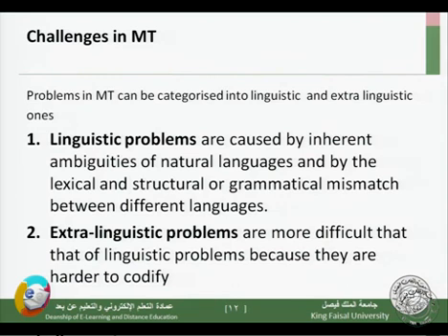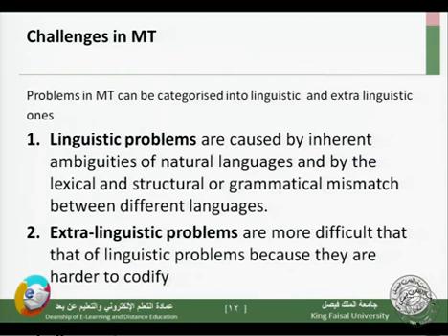It has to solve these challenges, which I doubt it can, because no matter how good the system is, it can never be like the brain created by Allah subhanahu wa ta'ala for the translator. Now, there are two types of problems machine translation has to face, has to solve for us.